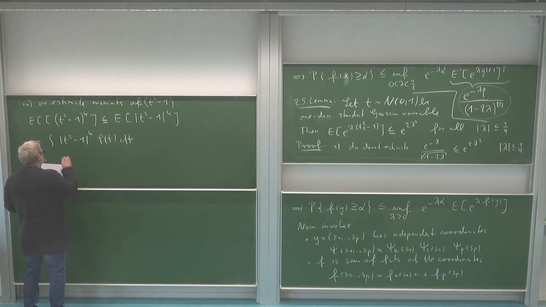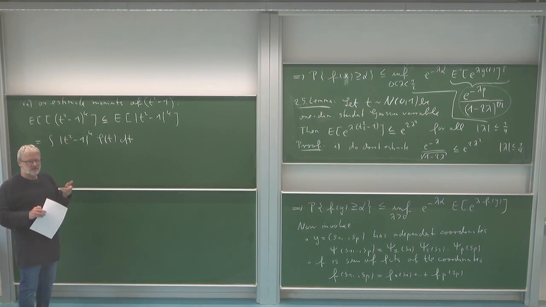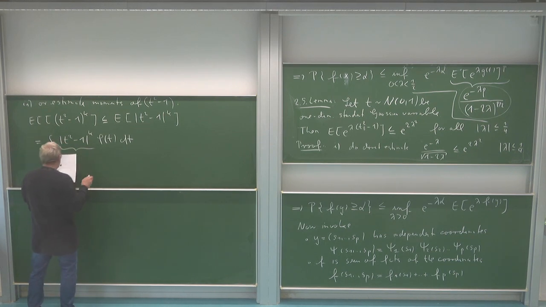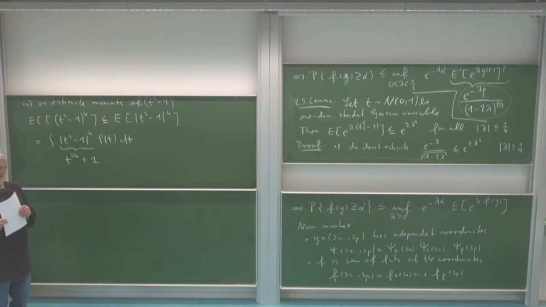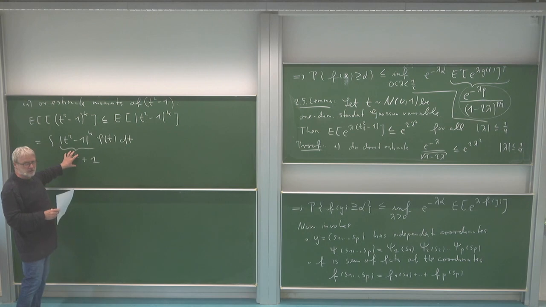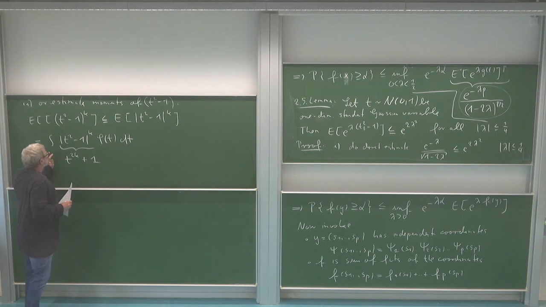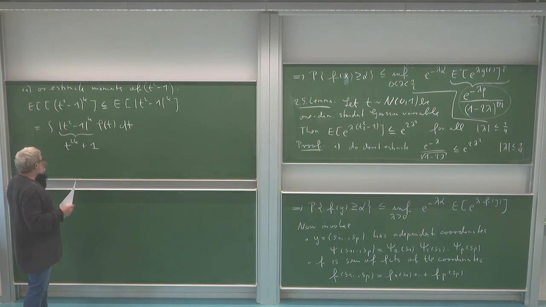And now, the 2kth moment of t I know, so I want to estimate this somehow against the 2kth moment, and one can see that I can estimate it like this. If I integrate over this, that's what I know. That's what you had to do in, I think, the first assignment, calculating the moments of a Gauss distribution.